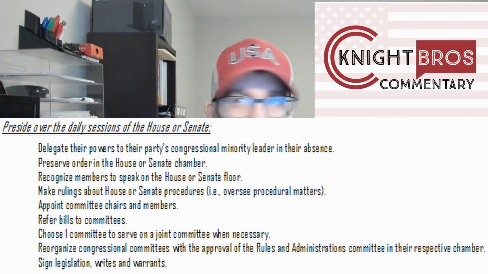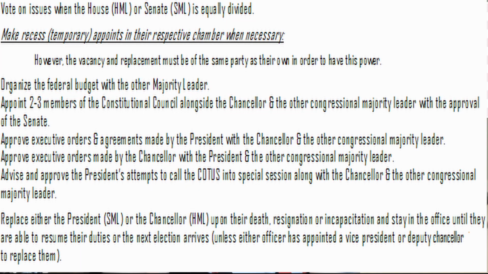But their powers are basically going to be presiding over the daily sessions of the House or Senate, voting on issues when their chamber is equally divided, making recess appointments in their respective chamber when necessary, organizing the federal budget with the other majority leader, and approving executive orders and agreements made by the President with the Chancellor and the other congressional majority leader.